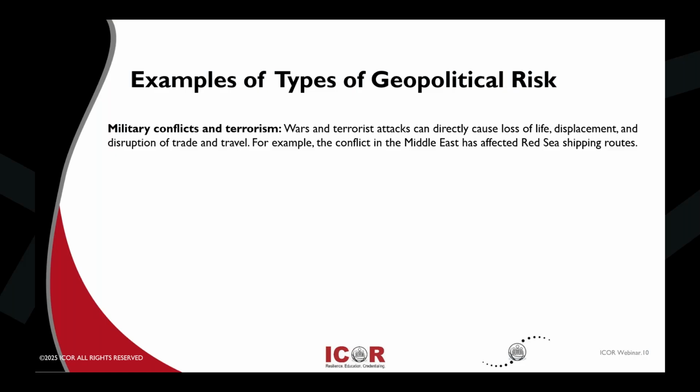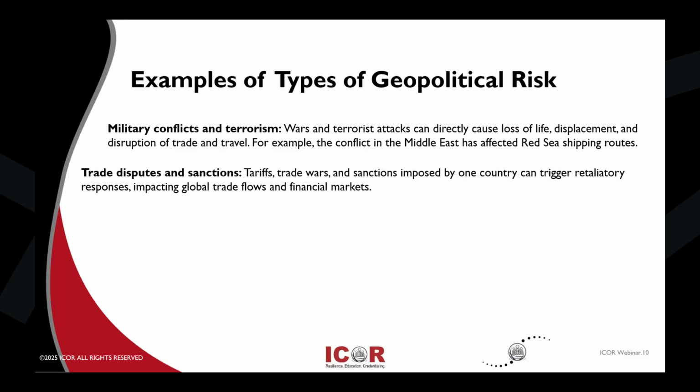So some examples of types of geopolitical risks. Things like military conflicts and terrorism. When you have wars and terrorist attacks, they can obviously cause loss of life, displacement, and that disruption of trade and travel. Specifically, what we're seeing is that the conflict in the Middle East has affected the Red Sea shipping routes, for example.